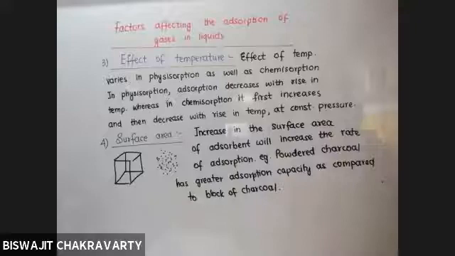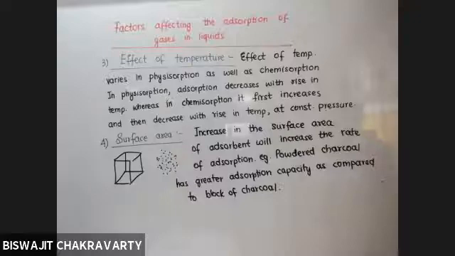One more factor, the effect of pressure, requires to be discussed in detail and will be discussed in the next class, because under this topic there is a very important adsorption isotherm.